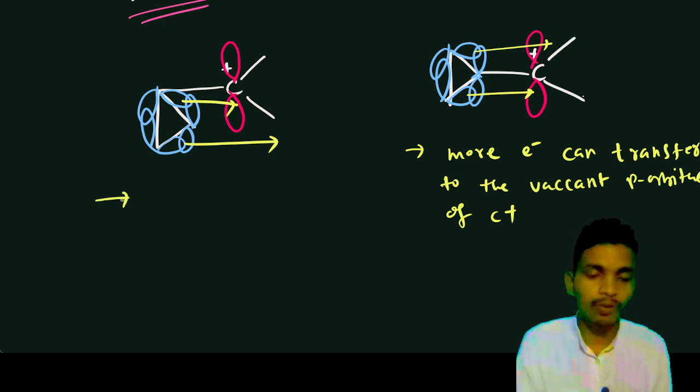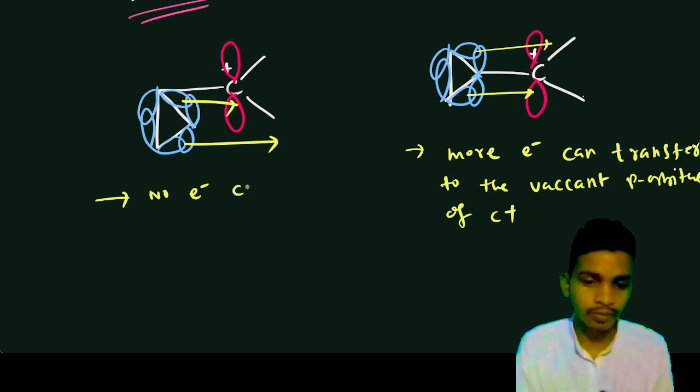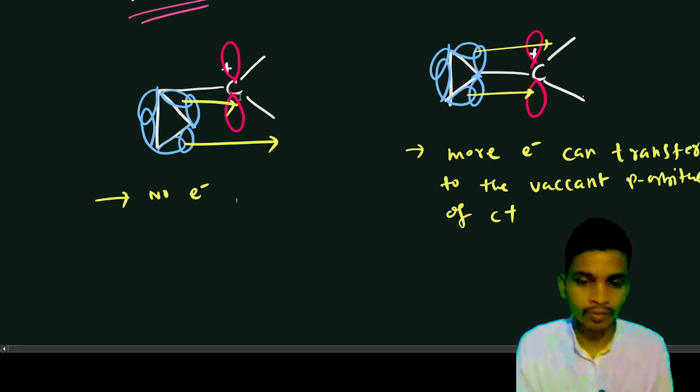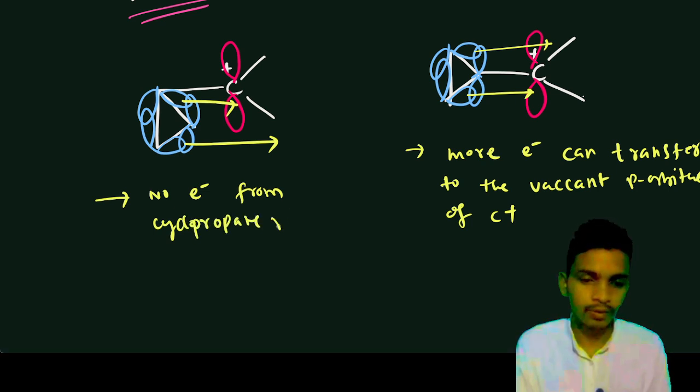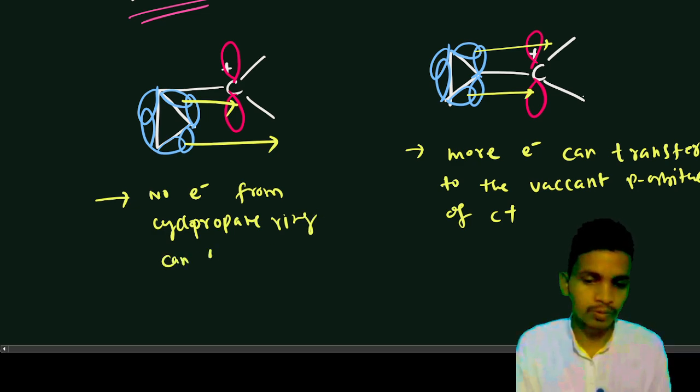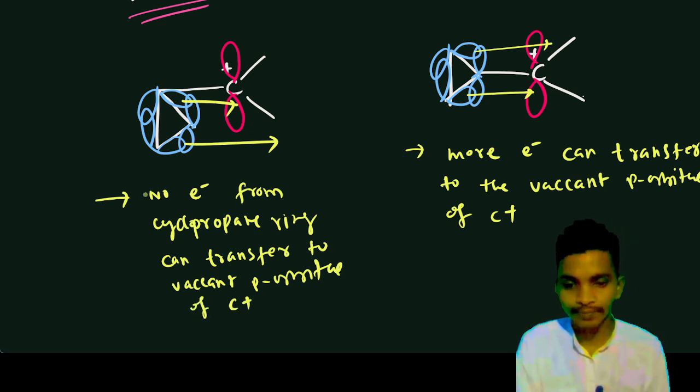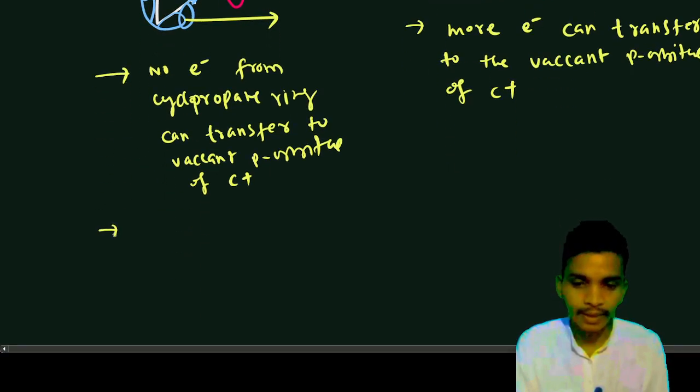Here, since there is no proper orientation of this cyclopropyl ring with the vacant p orbital of the carbocation, no electron from the cyclopropyl ring can transfer to the vacant p orbital of the carbocation. So in this case, this is less stable.